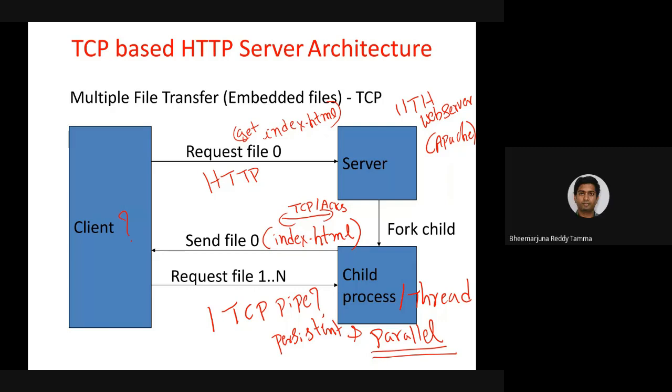Exactly. But at the same time, if you are greedy and start establishing too many parallel TCP connections, then you may be clogging the web servers. That is why many times browsers put an upper limit of 4 to 6 TCP pipes to a given web server, so that you don't end up eating all the resources in the web server.